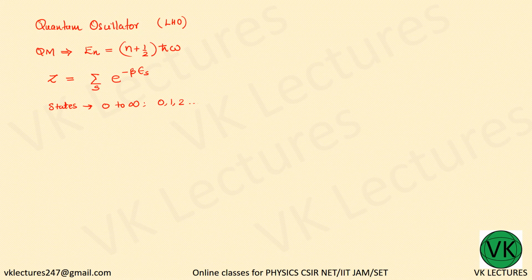Then the partition function for the linear harmonic oscillator is Z equal to the sum from n equal to 0 to infinity of e to the power minus beta, n plus half, h cross omega. So this is the linear harmonic oscillator partition function.